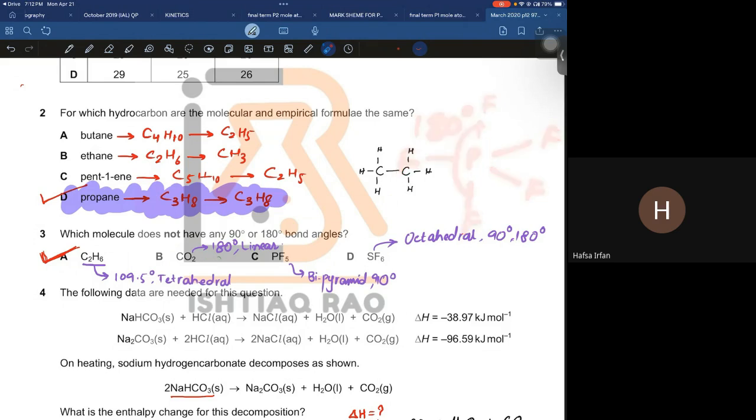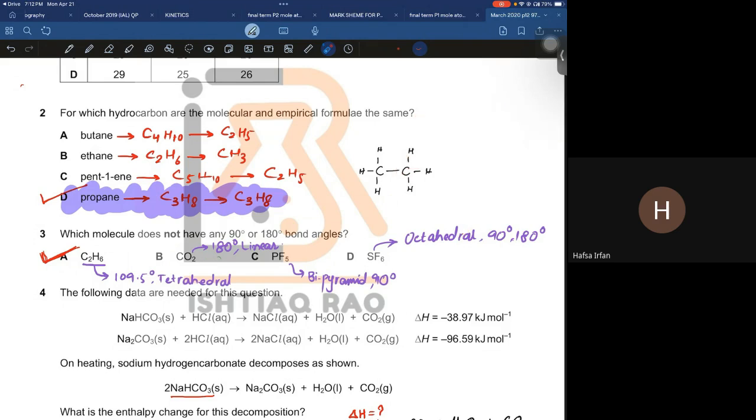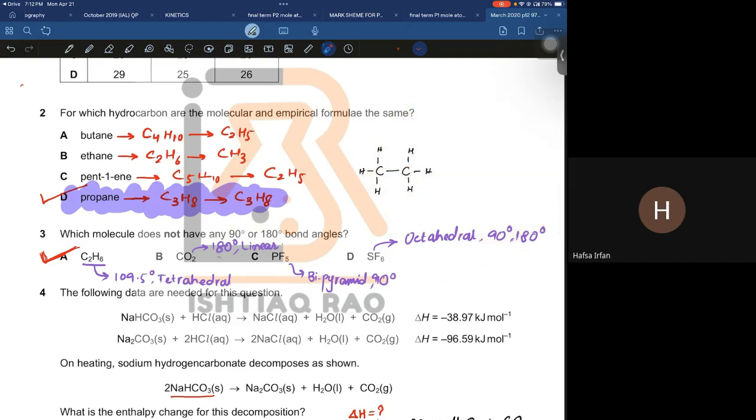They were asking which does not have any 90 or 180 degree. SF6 is octahedral, and in octahedral there would be 90 degree and 180 degree. So this is 180 and this is 90 degree. That's why option A is correct.